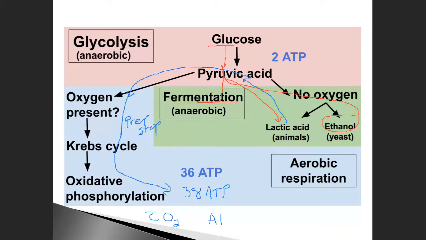ADP gets bonded to another phosphate and forms ATP, which we know as energy. Okay, see that?